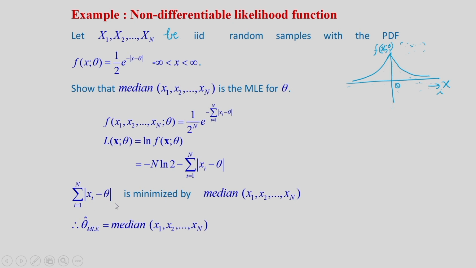This absolute sum will be minimized if we take theta to be the median. Therefore, theta hat MLE is the median of x1, x2 up to xn. We see that for the Laplace distribution, the MLE for theta is not the mean, but the median of x1, x2 up to xn. So, that way we considered how to find the MLE for a non-differentiable likelihood function.